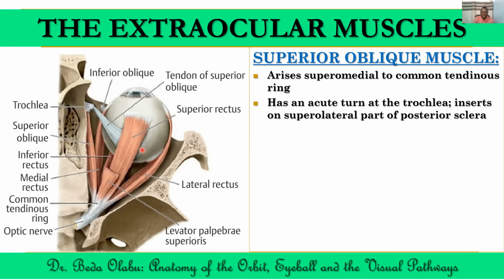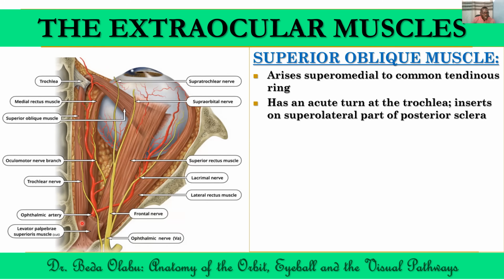Again, very important to remember that part. It inserts behind the equator, behind the vertical axis of the globe. That is why if it pulls, it will pull the posterior part medially, but then the anterior part will go laterally. And so it will actually cause an abduction movement rather than adduction.